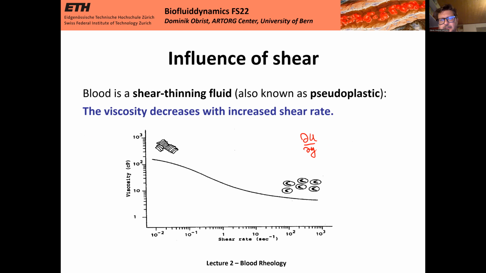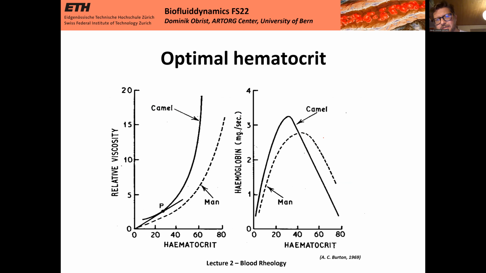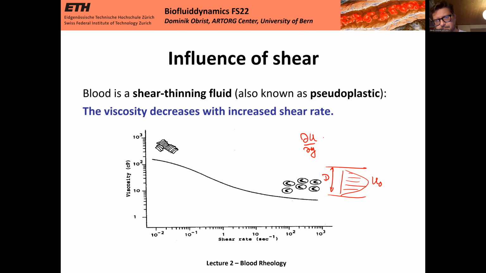And if we look at a large blood vessel, and for simplicity, we assume a velocity profile which roughly looks like this. We'll learn more about this in another lecture. But we say we have a typical velocity here of u0, and we have a diameter of d. Then you can say, well, the shear rate has something to do with u0 over d.